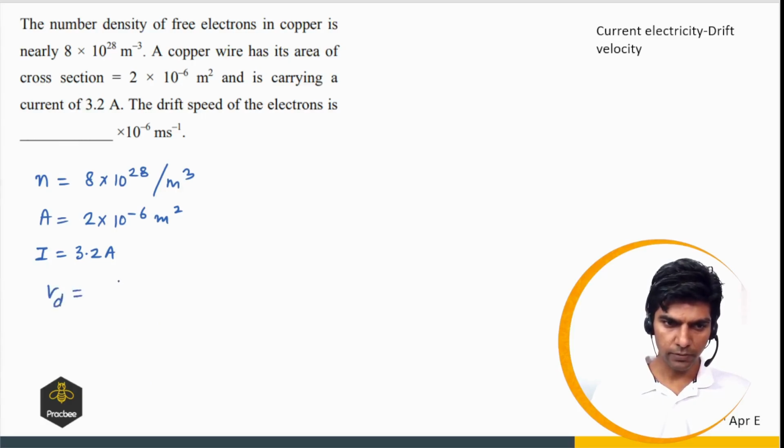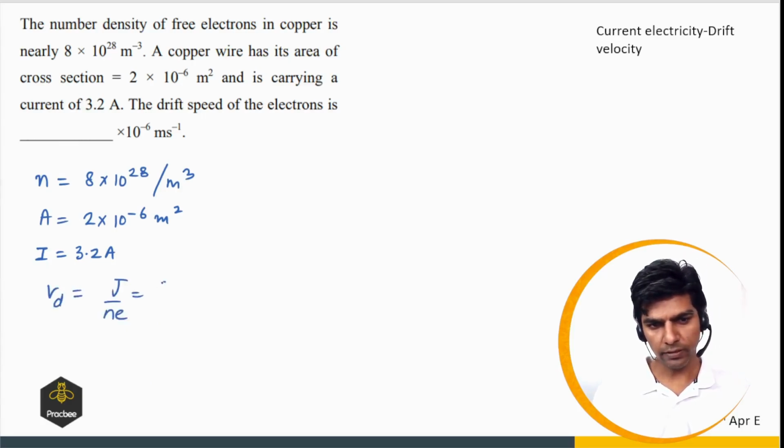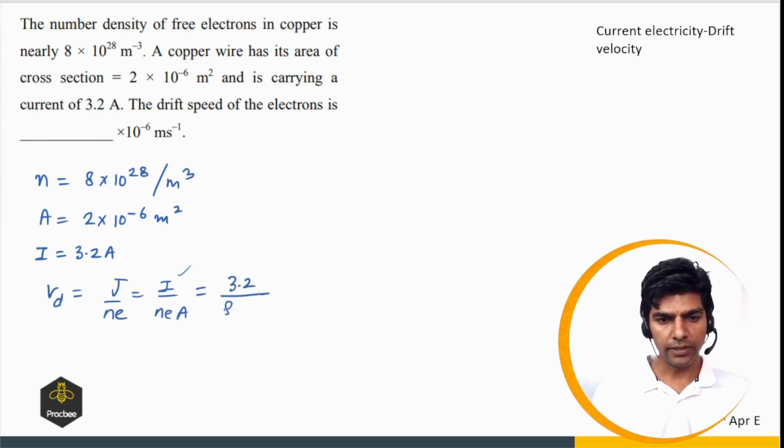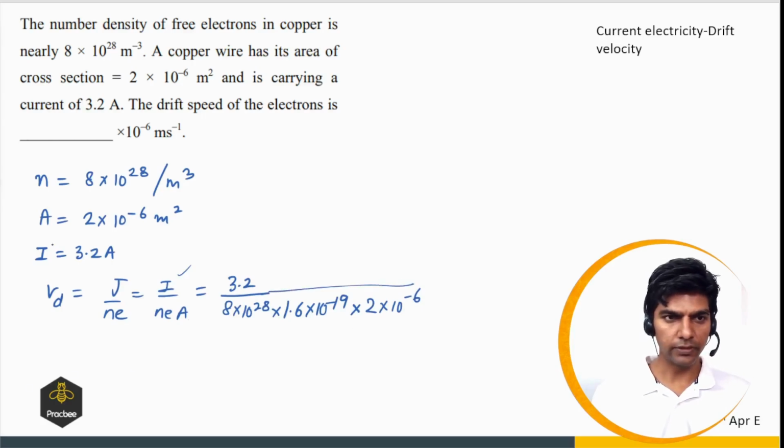So Vd is nothing but J upon Ne, or we can write this as I upon NeA. I is given, A is given, N is given. Let us put the values. Current is 3.2, number density is 8 into 10 raised to power 28, and 1.6 into 10 raised to power minus 19 is the charge on one electron, times area 2 into 10 raised to power minus 6. Let us simplify this. This will give us 0.4, this will give us 4.